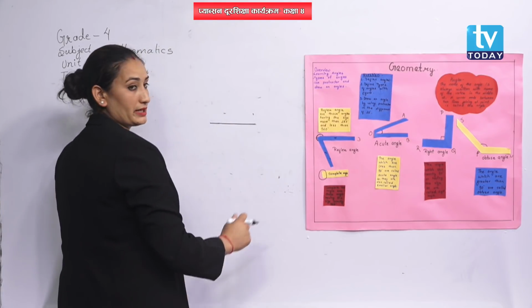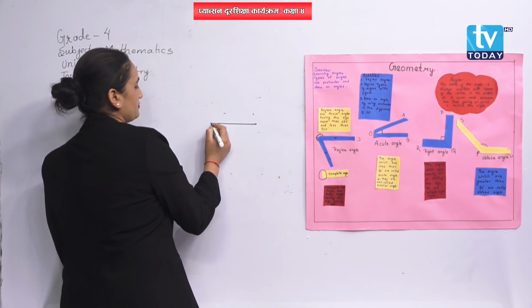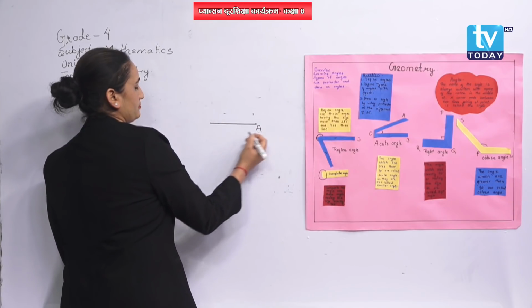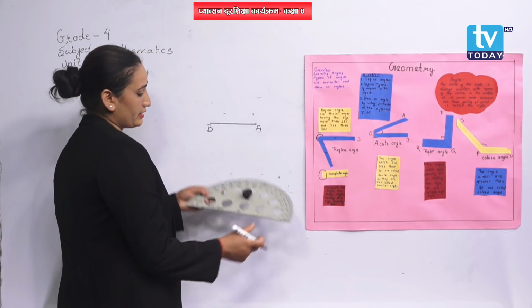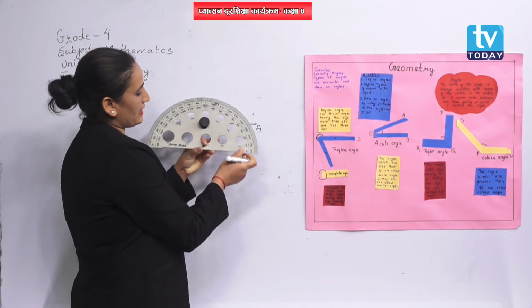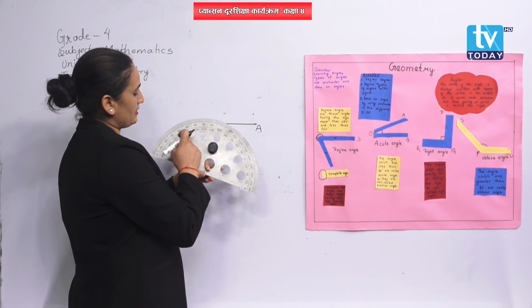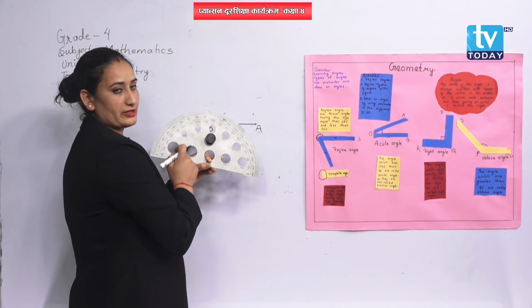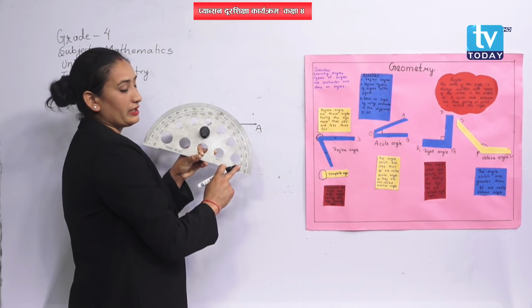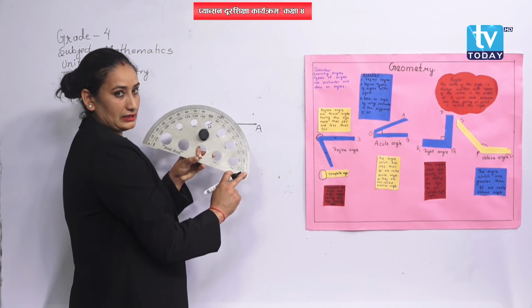Please write down the name of this point, A, P. Now, inside the protractor you can see one is the inner scale and the outside we call the outer scale.